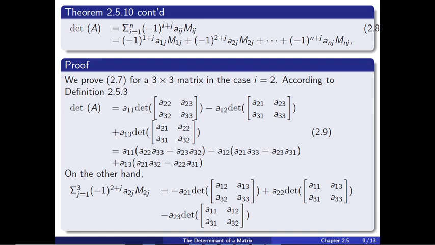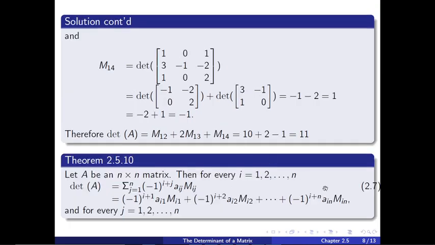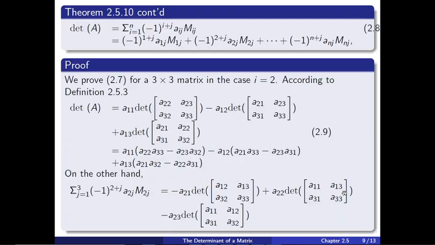What we want is to prove that 2.7 will give us a determinant, basically. Then we are going to look at the second row, and just show that that will still give us the same value.